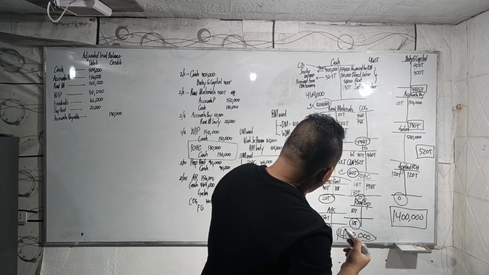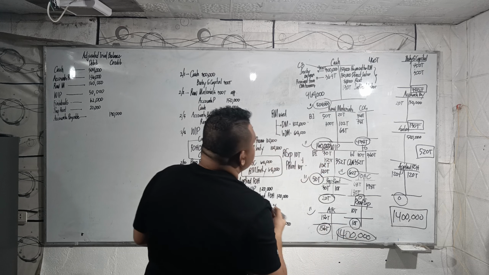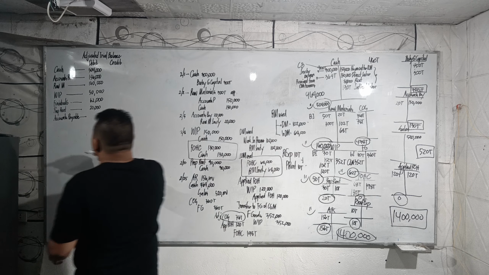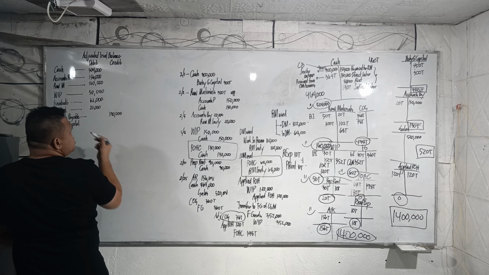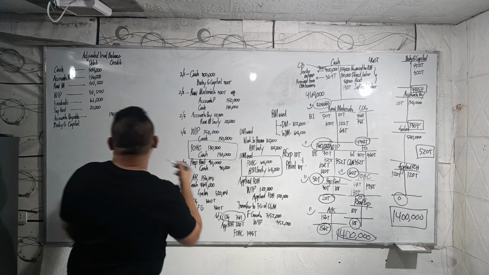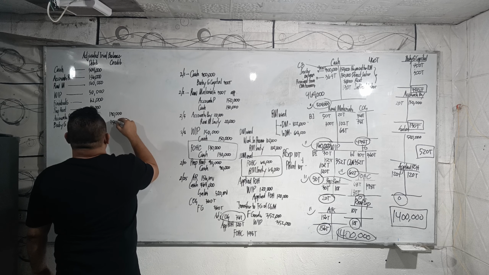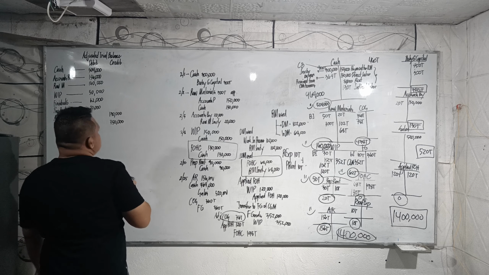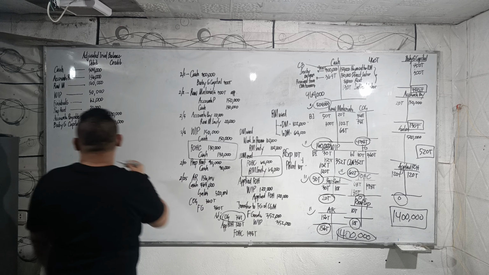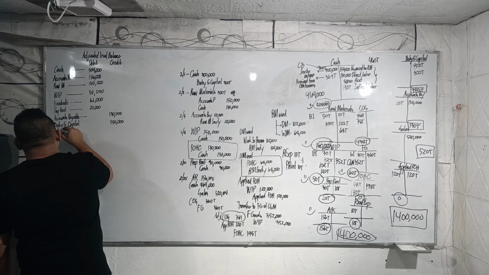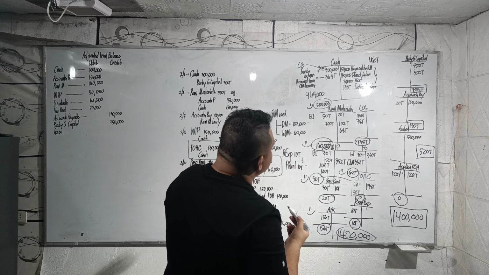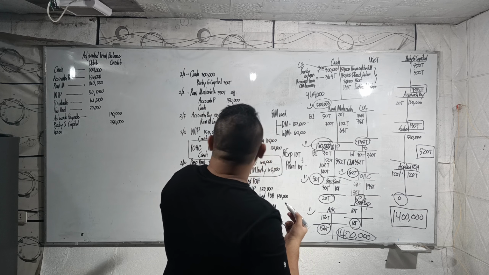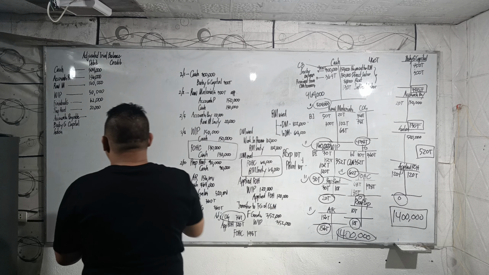And then we have BBG Capital, the next one. The BBG Capital is 750. And then we have the sales, because there is no personal drawings in the problem. Because again, I kept it very simple. So sales is 520,000.